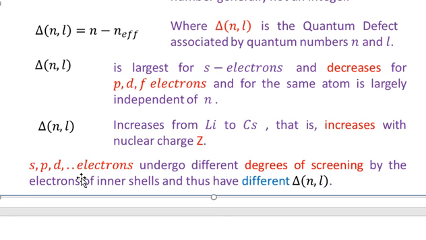The s, p, d, etc. electrons undergo different degrees of screening by the electrons of inner shells, and thus have different delta of n, L. So the value of the quantum defect delta will change from s to p to d and so on. The tables of these values are available on net resources.